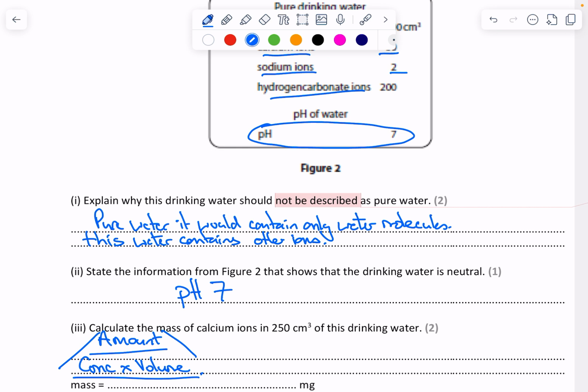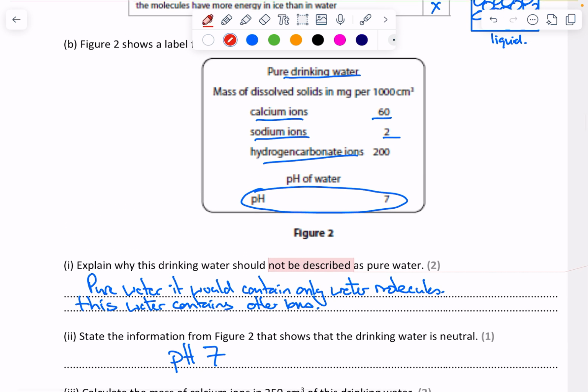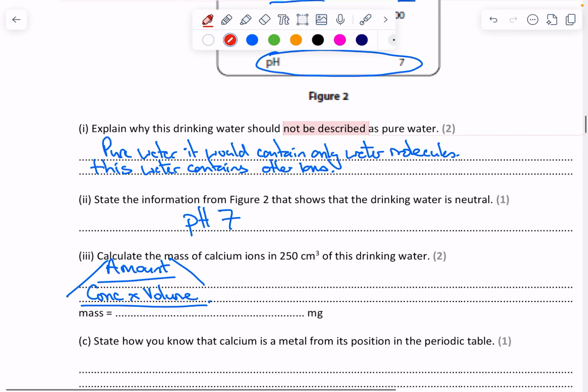Okay, next one. Calculate the mass of the calcium ions in 250. So if we come back up to calcium here, we see that we've got 60 milligrams of calcium ions, and that is in 1,000 centimeters cubed. So I'm going to use my chicken vindaloo amount, concentration, volume question.